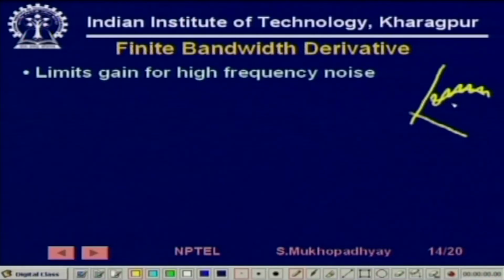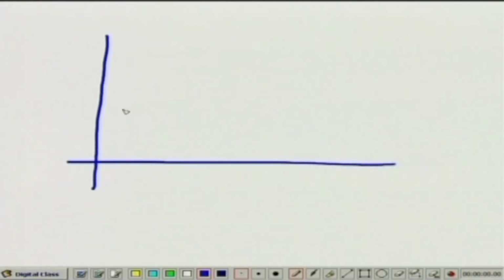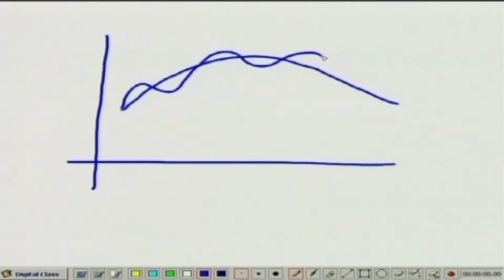Now the point is that if you take this signal, this point needs to be understood. Suppose you have a signal which goes like this, and on this you have a noise. I am drawing, actually noise will be much higher frequency.